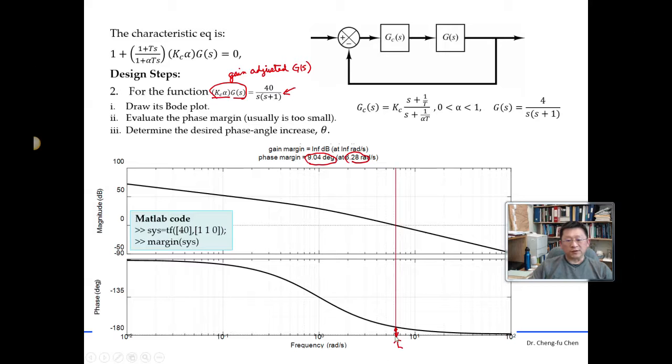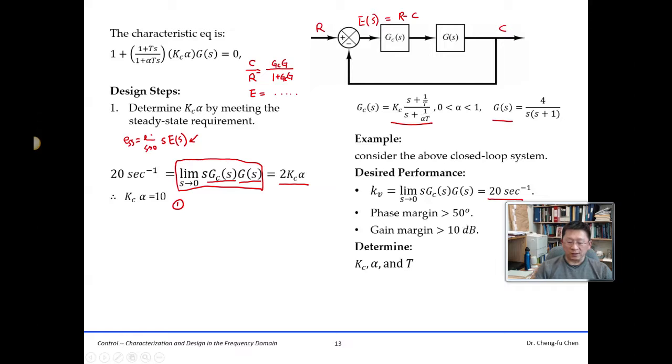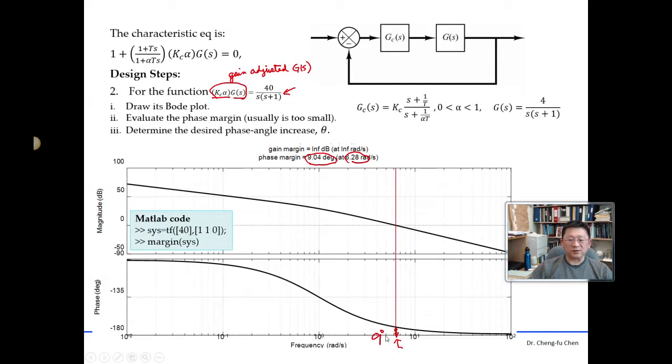Again, our requirement is that we wish to have 50 degrees. So you can see the discrepancy between 50 and 9 is 41 degrees. That is the desired number we wish to achieve, so theta is 41 degrees, simply the discrepancy between this and the desired.